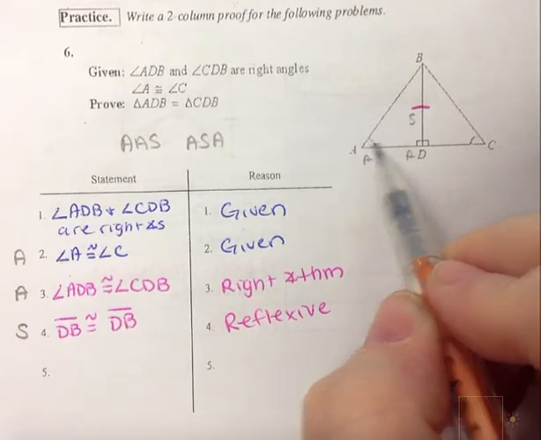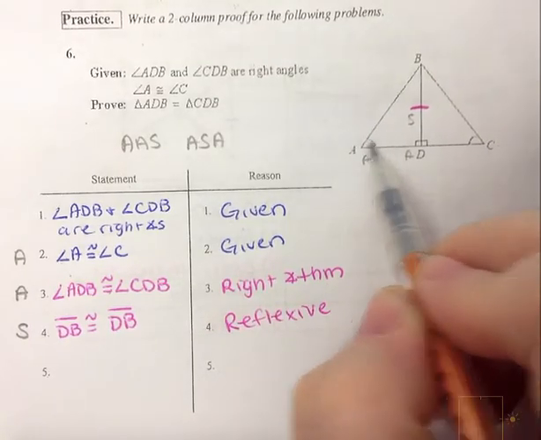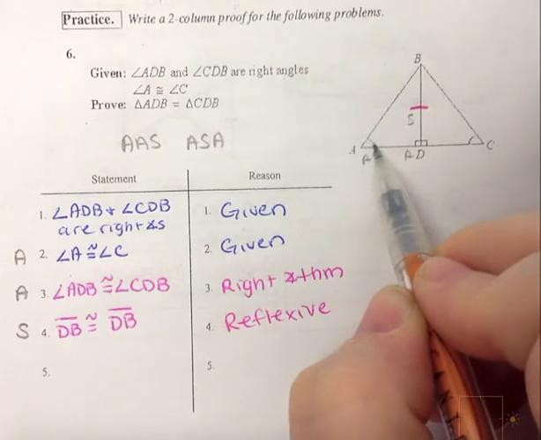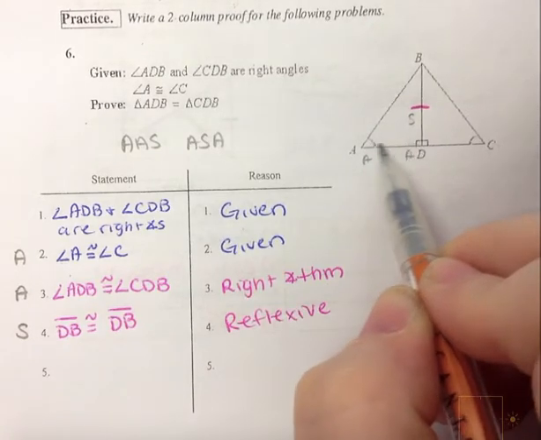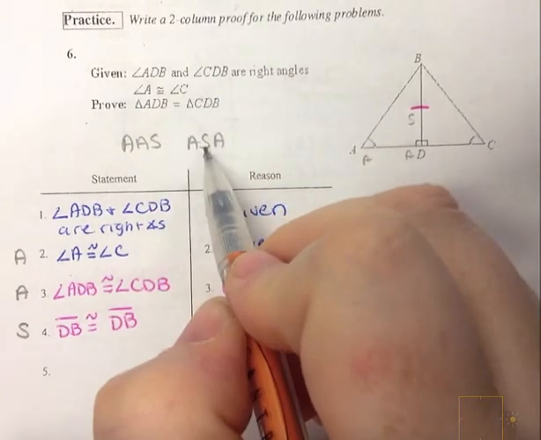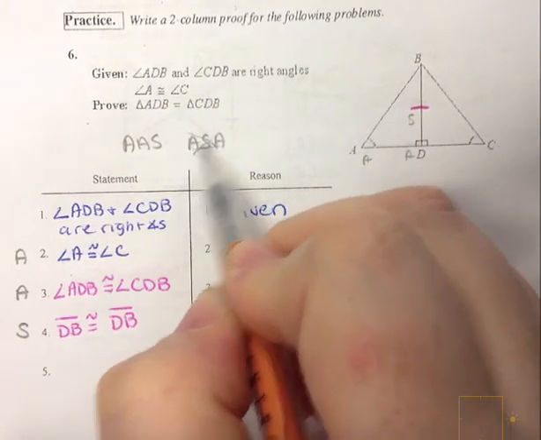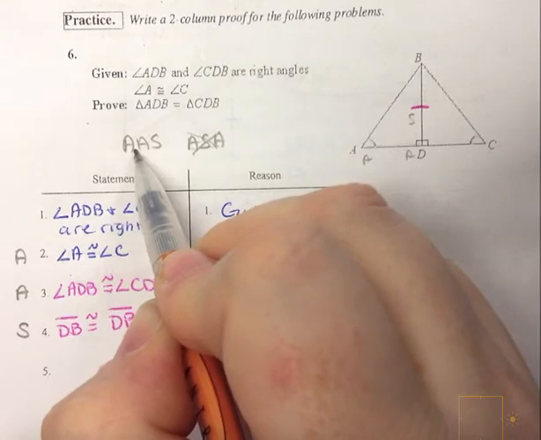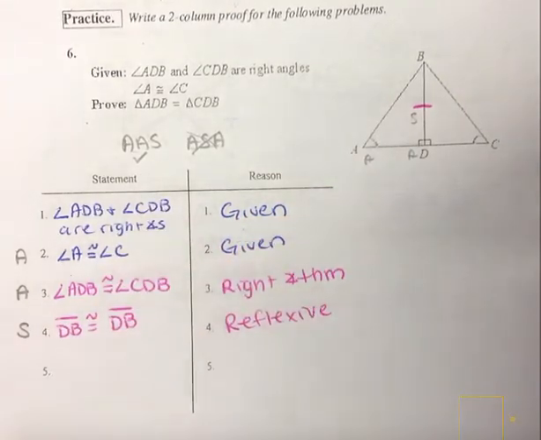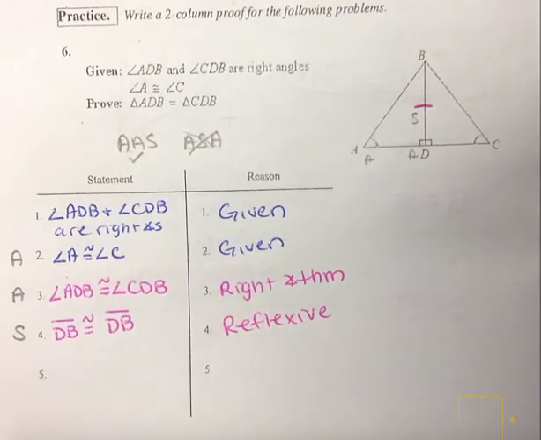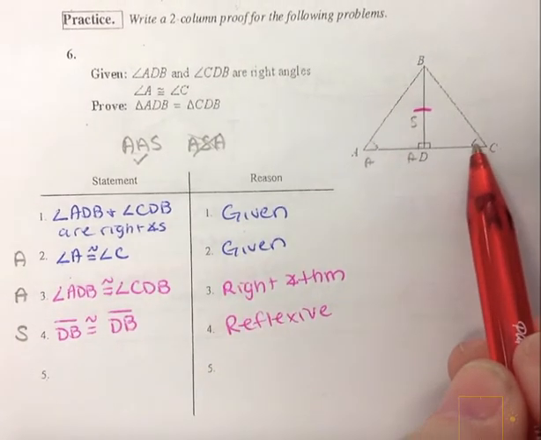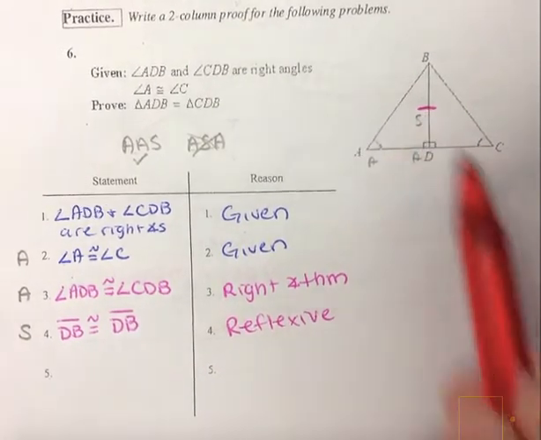If I want to go with my two angles, I have to go from marked angle to marked angle. I do not cross any tick marks. From A to A, I do not cross anything. So angle, angle, side is good. And that holds true for both angle, angle, and then the sides up here.